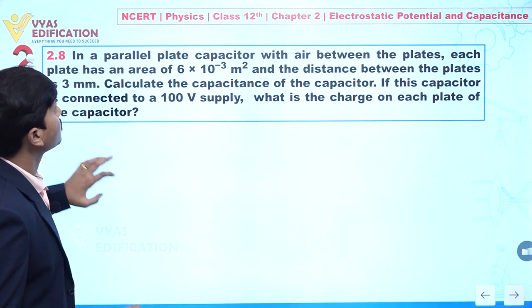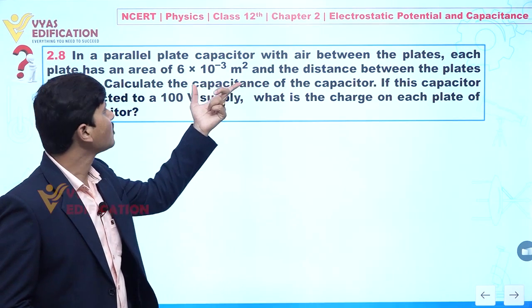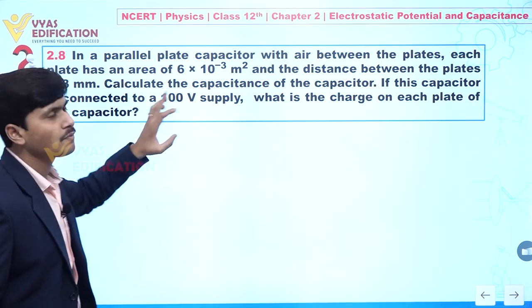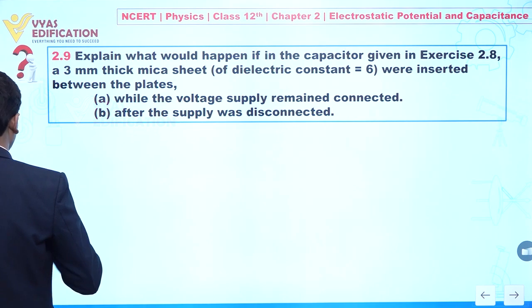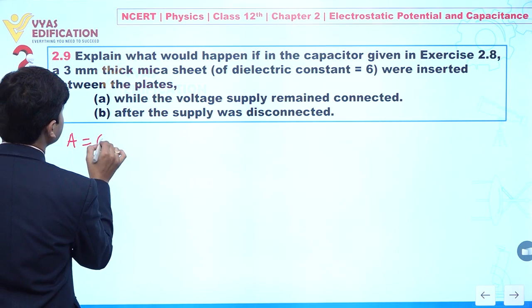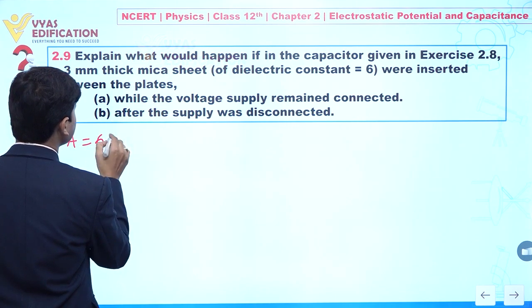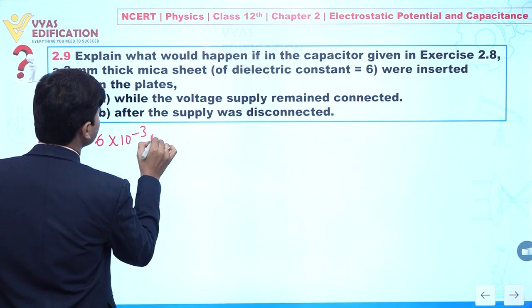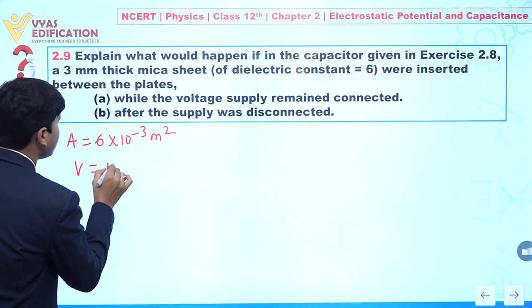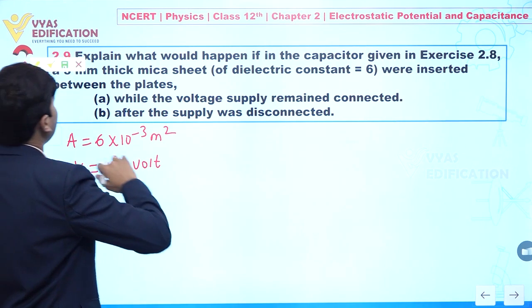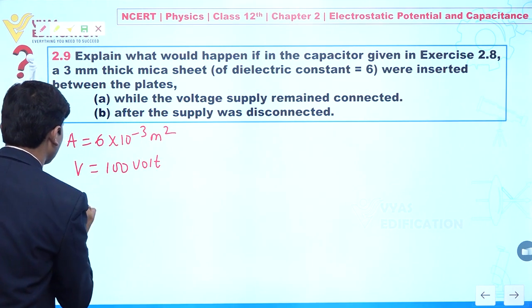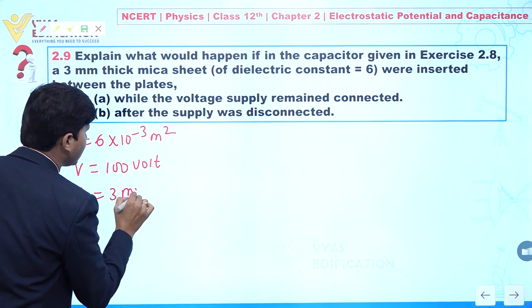Area is 6 into 10 to the power minus 3 meter square, and the voltage is 100 volt. The distance between the plates is 3 mm in the previous question.